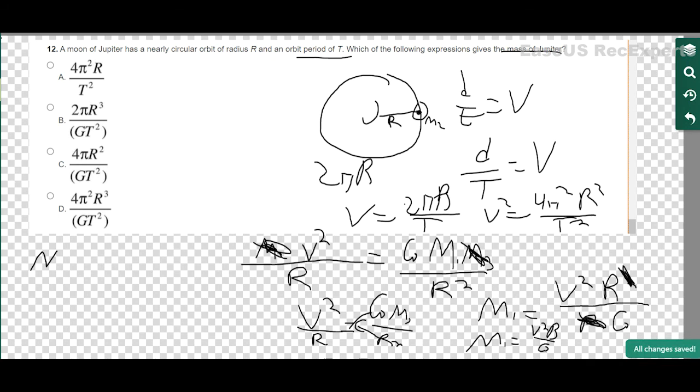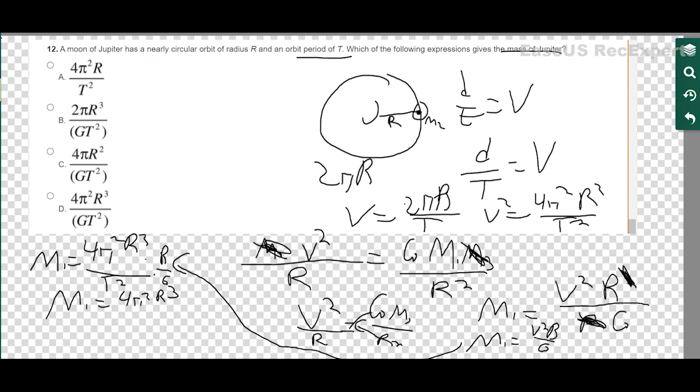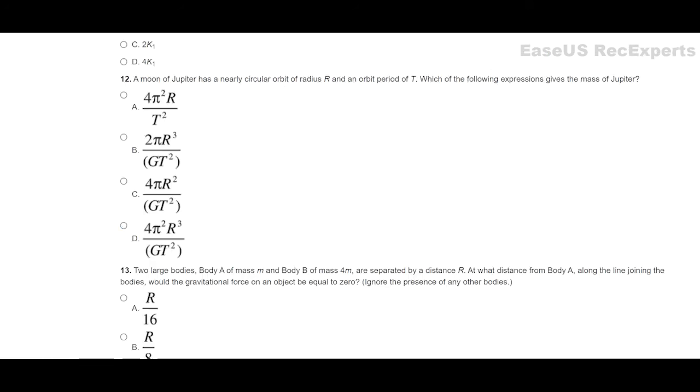If we replace v squared with that in this equation, we will have 4 pi squared r squared over t squared times r over G. Then we can simplify this, multiplying r squared and r yields r cubed, to 4 pi squared r cubed over t squared times G. The one that this corresponds to looks like d. Yes, d is our answer.